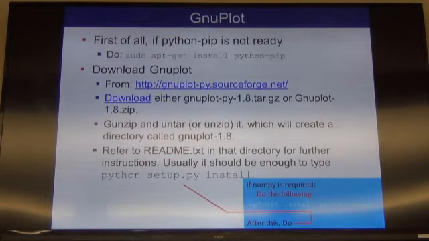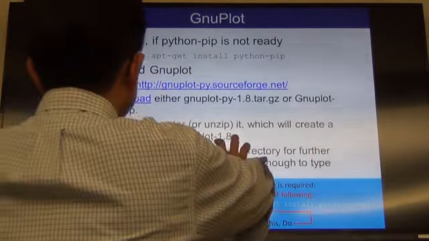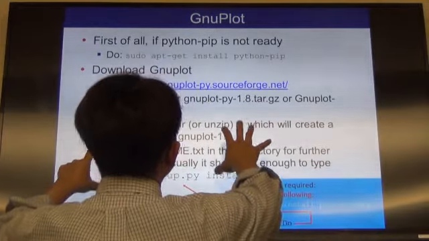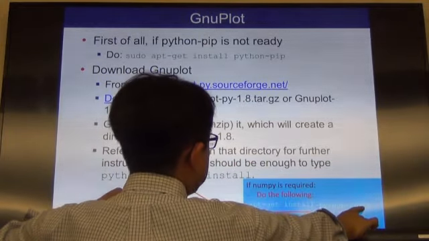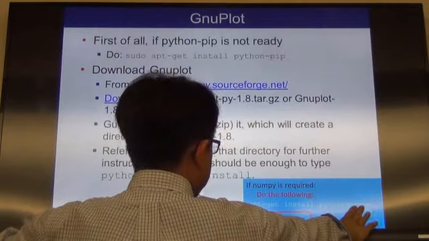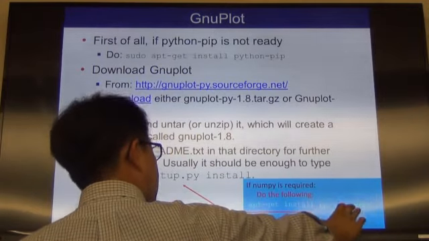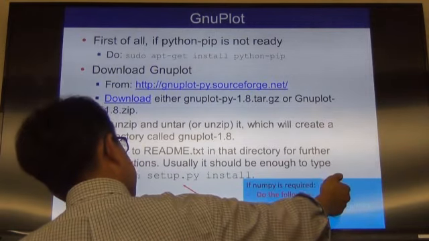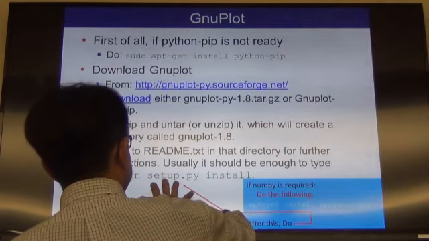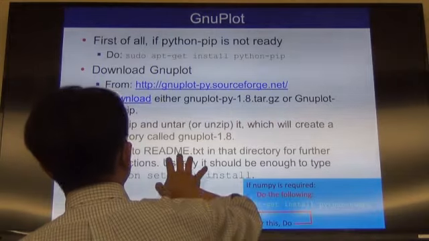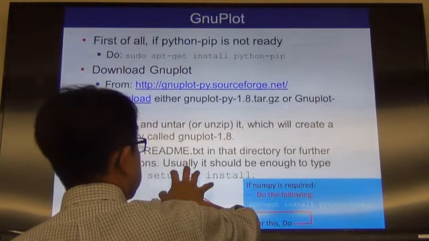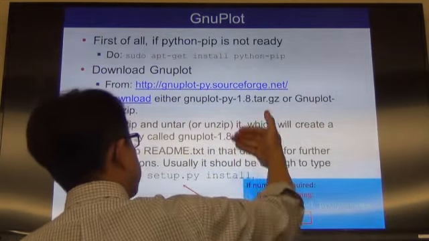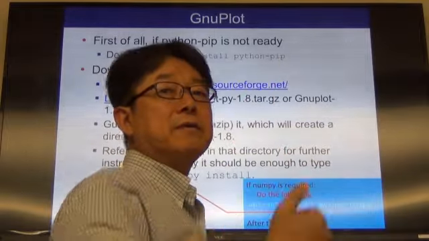The simple way is python-numpy, which is required by gnuplot. So anyway, step by step, it asks you to download something, right?